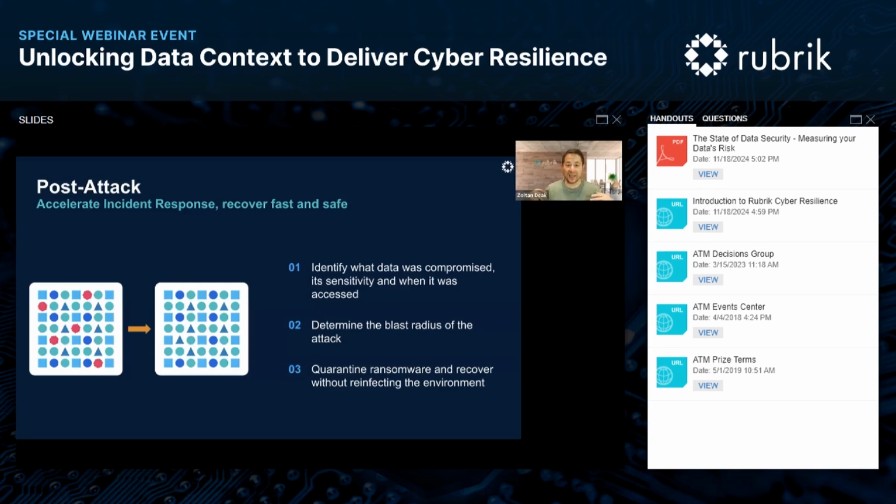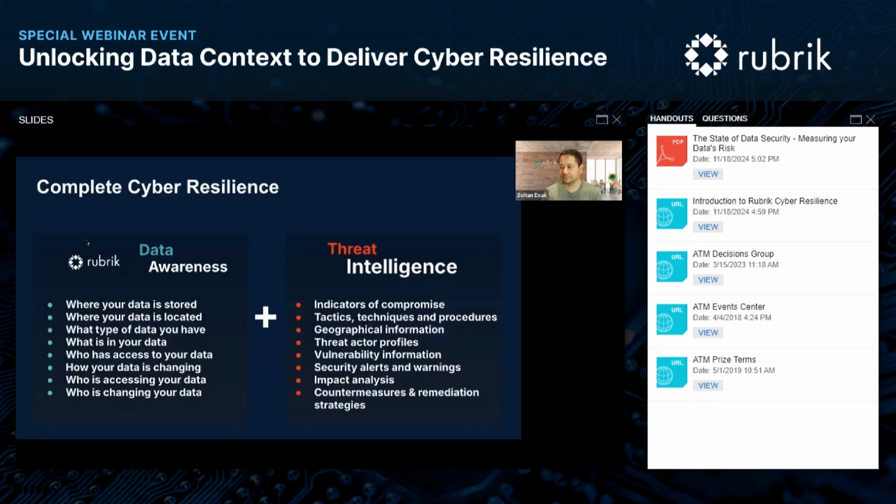So this is, again, all made possible by the fact that we get this data context, this signal from your backup snapshots. So all this data context you already have in your enterprise backup can be turned into intelligence that helps you achieve greater cyber resilience. And on its own, it's really powerful, right?